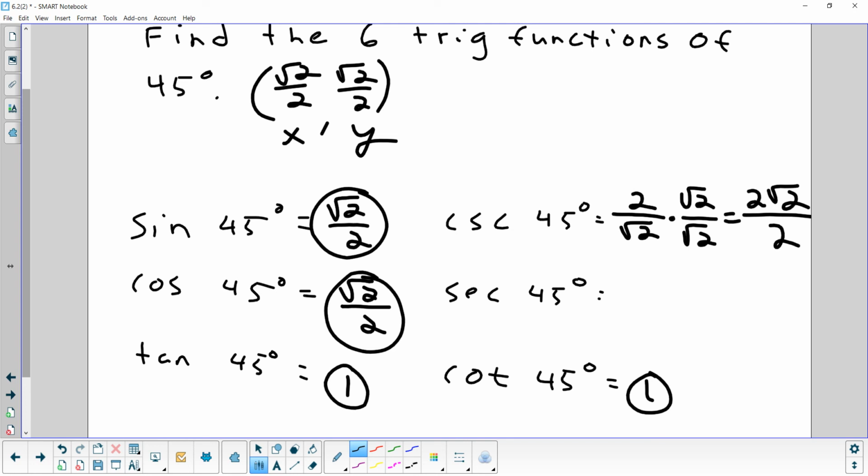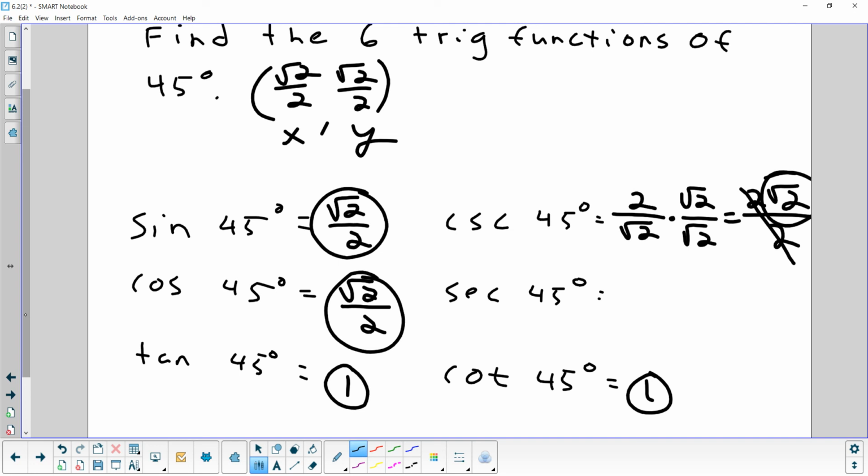And now look what just happened. 2 times something divided by 2. Well, if you're going to take something and double it and then divide it by 2, that cancels out. All you're left with is the square root of 2. And that'll probably be one you remember after a while. Whenever you flip root 2 over 2, you get root 2. Okay, so we won't have to go through that every time.